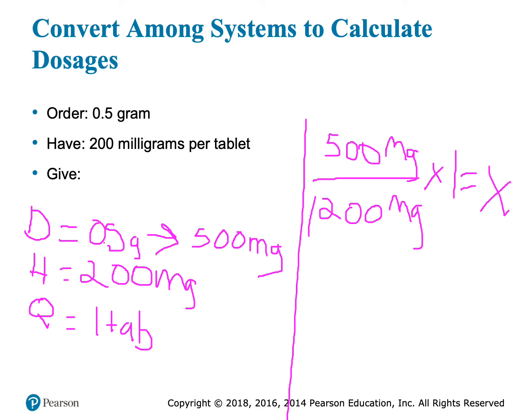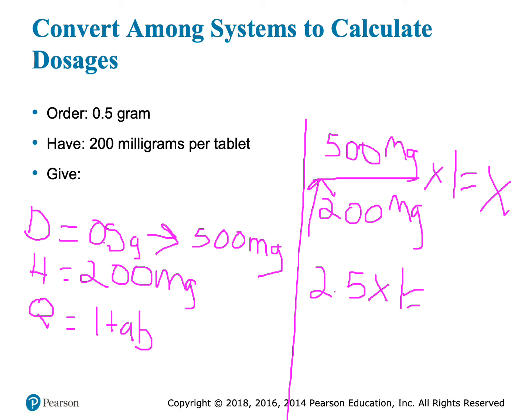So first things first, divide our 200 up into our 500, all right, and we get 2.5. And we're going to remember the rest of our equation, which is times the quantity, which is 1.